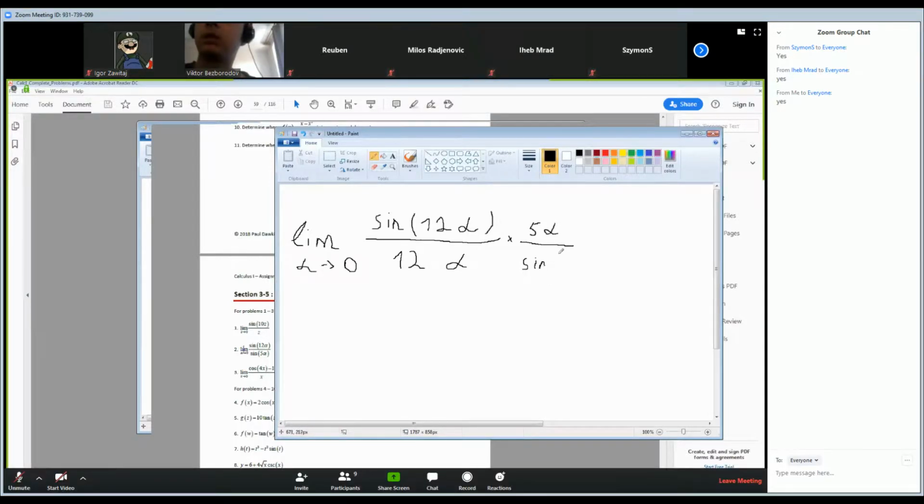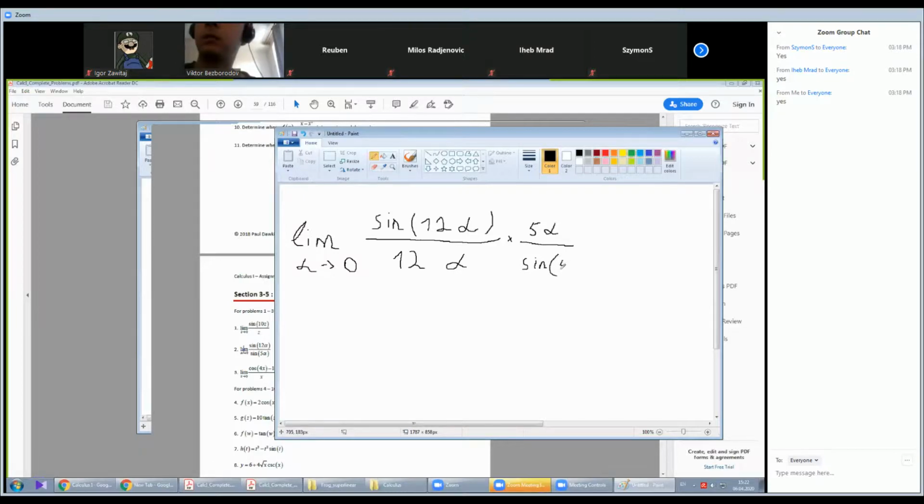Imagine that I started with this limit, which I do not write, because it's too time consuming.